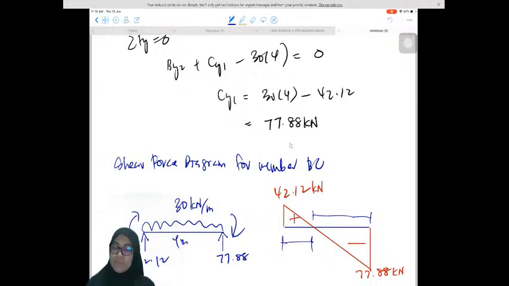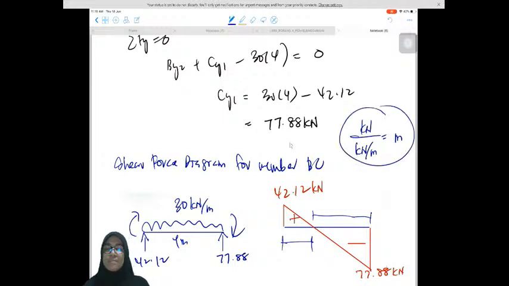We will determine this length from the force, because we want the length in meter. If we divide kilonewton by kilonewton per meter, we get meter.